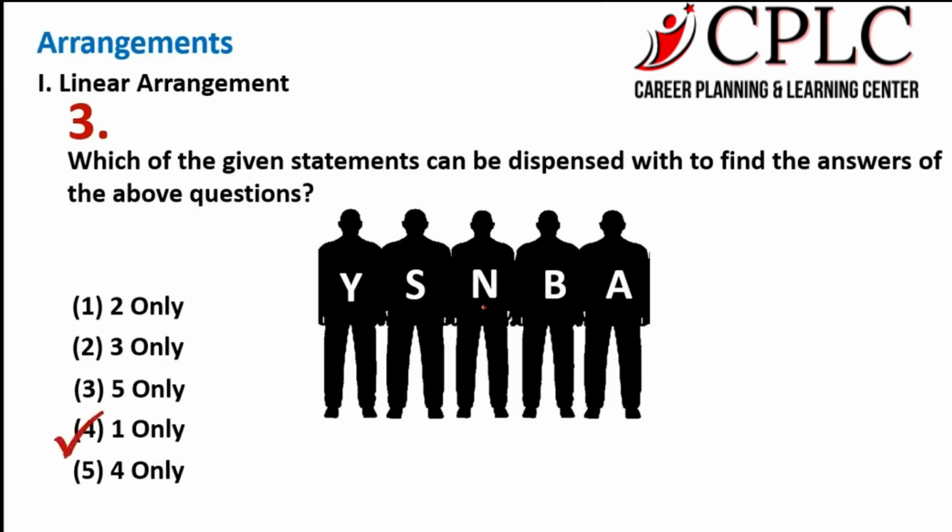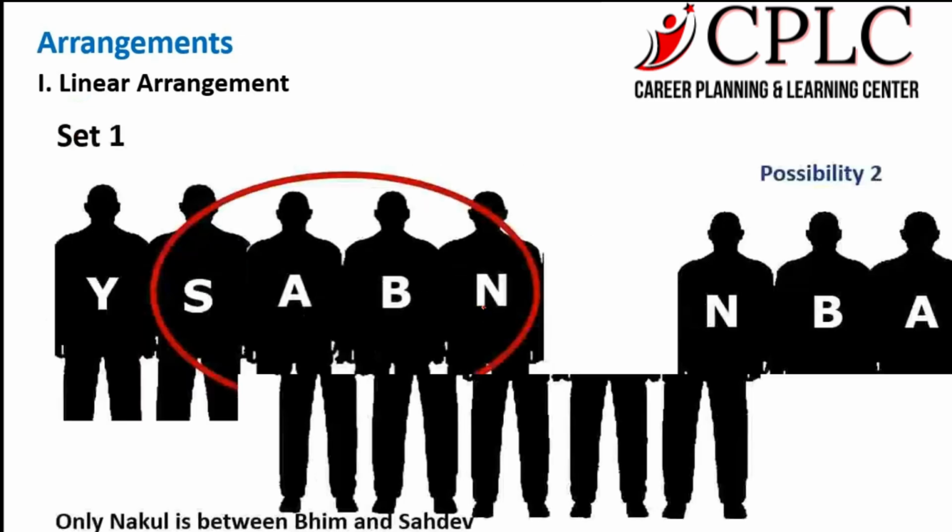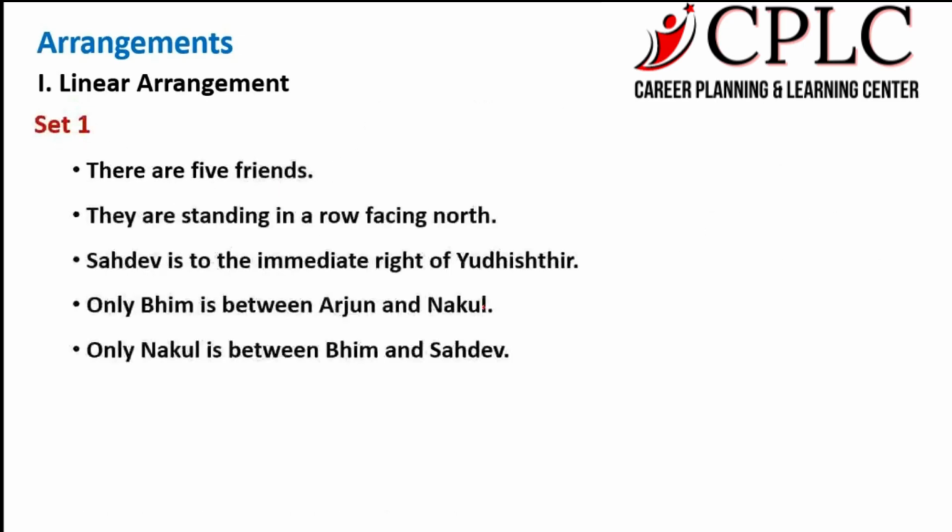Any other statement after that is very crucial. Why it is crucial, let me go back and explain. The first one is the correct answer, which you can discard. The second statement, that they are standing in a row facing north, basically says it's a linear arrangement, because they are standing in a row in a single line.